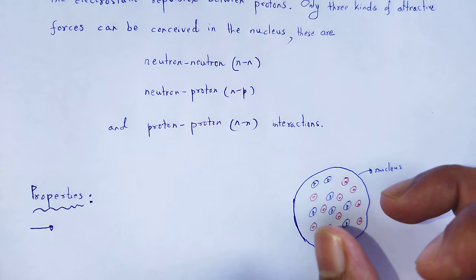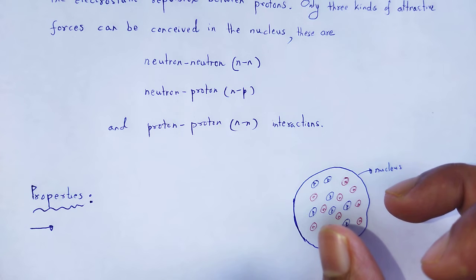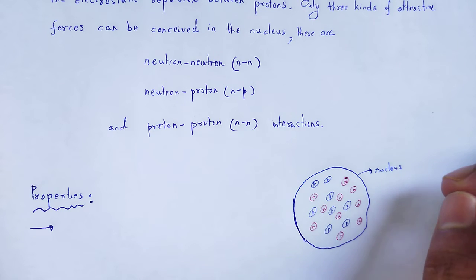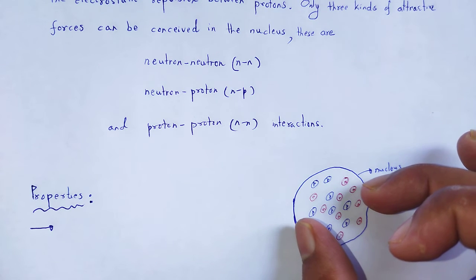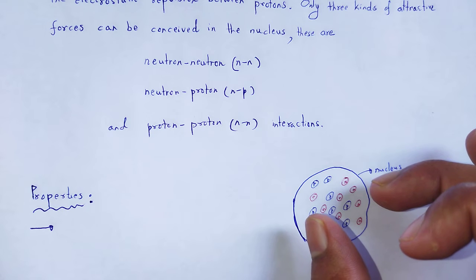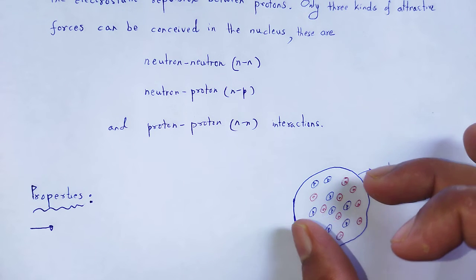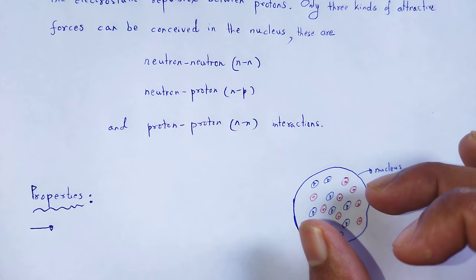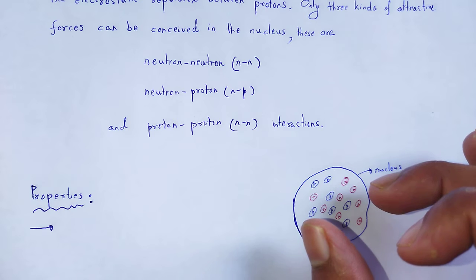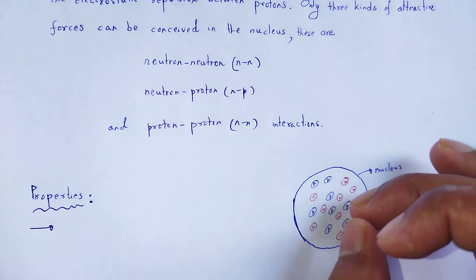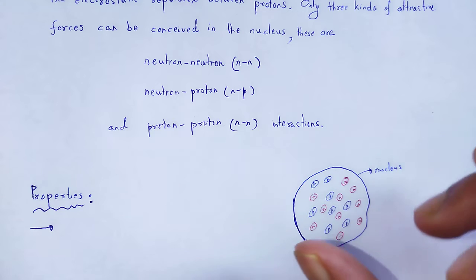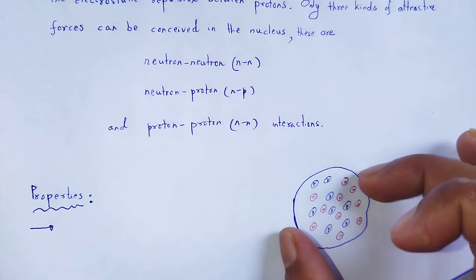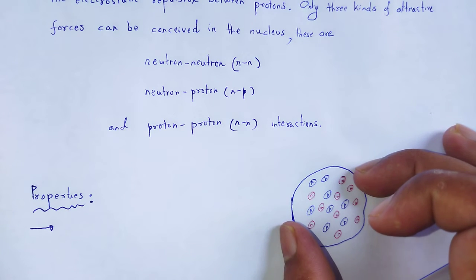So, it is a very small region. The nucleus is a very tiny portion of the atom, and its size is around 10 to the power minus 15 meter. It is a small distance. So, nuclear force is that force which acts over a small range. So, we categorize it as a short range force.